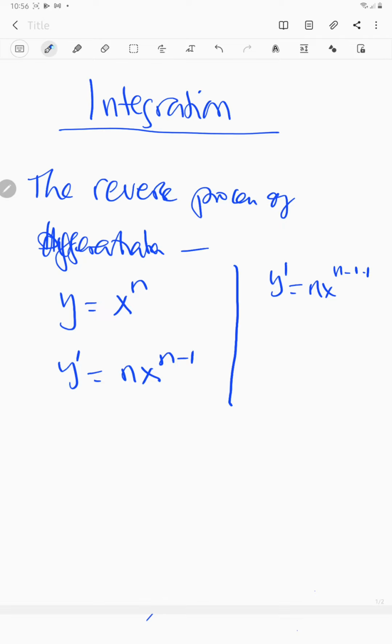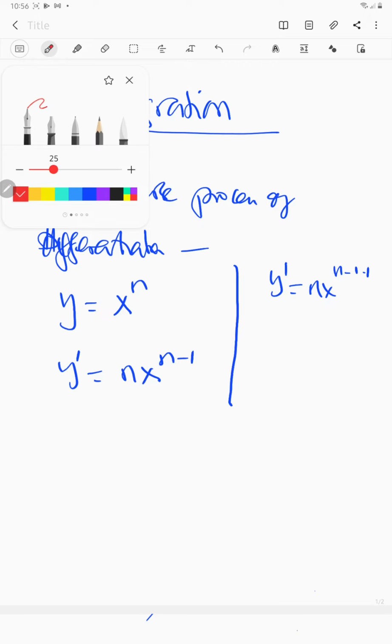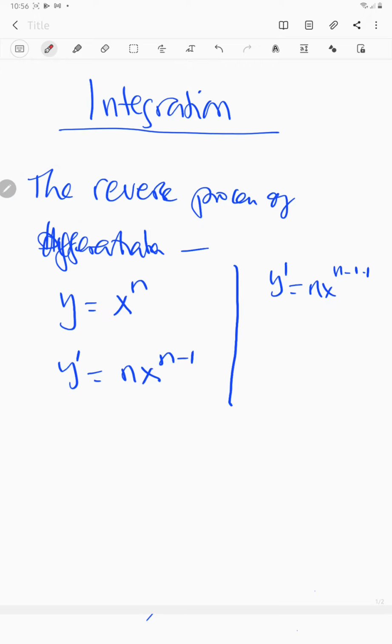You actually say n minus 1 plus 1, and then you divide by the product, and then you put a constant k. So at the end, you have got y is equal to n x to the power n over n. So this and this cancel. So in the process, you have got x to the power n.